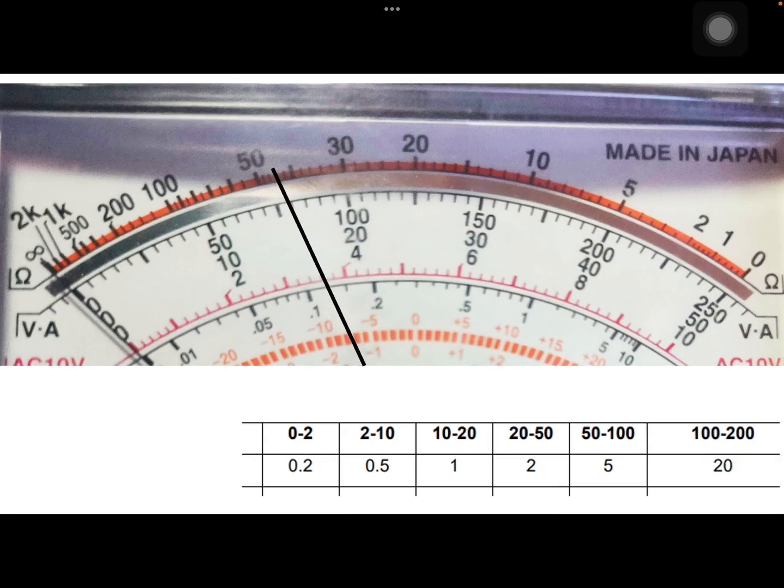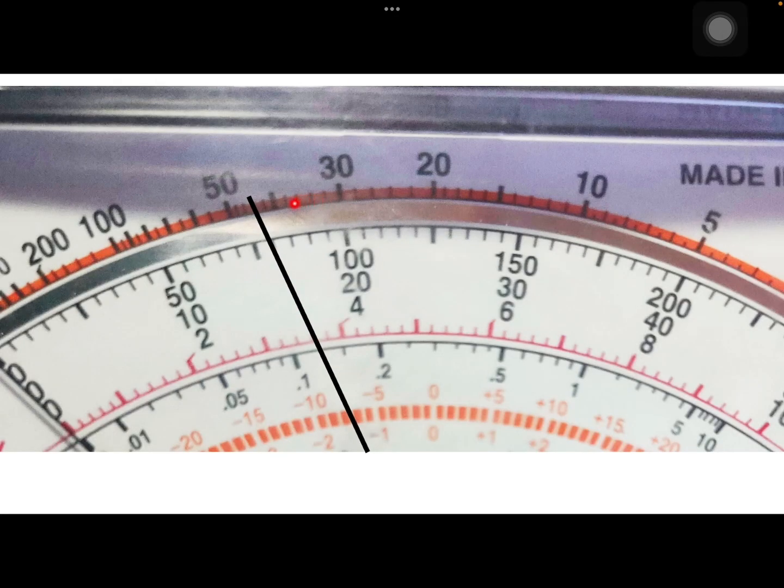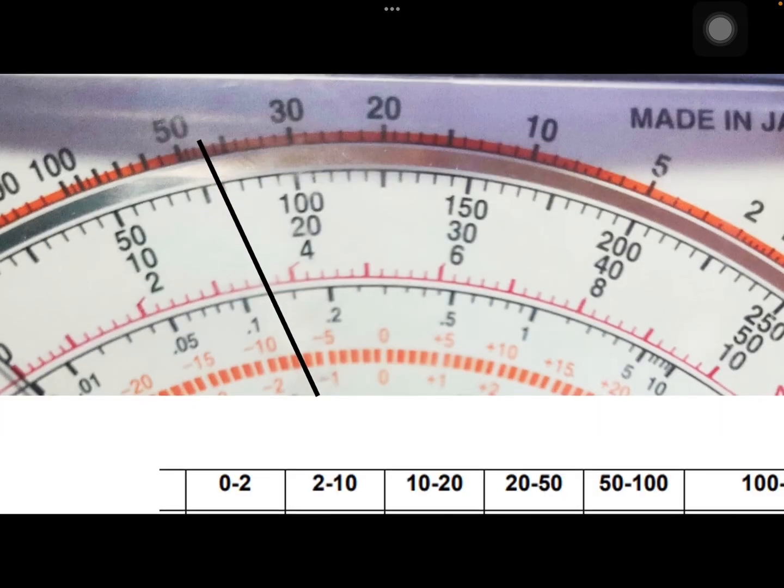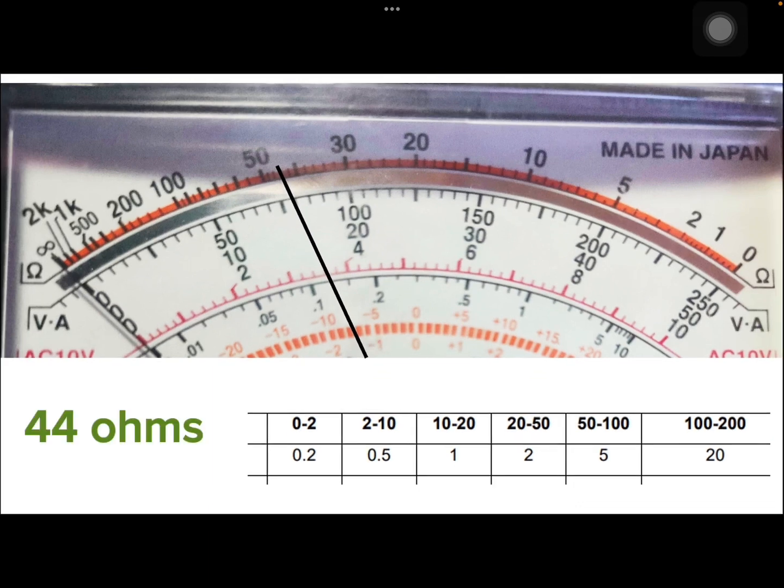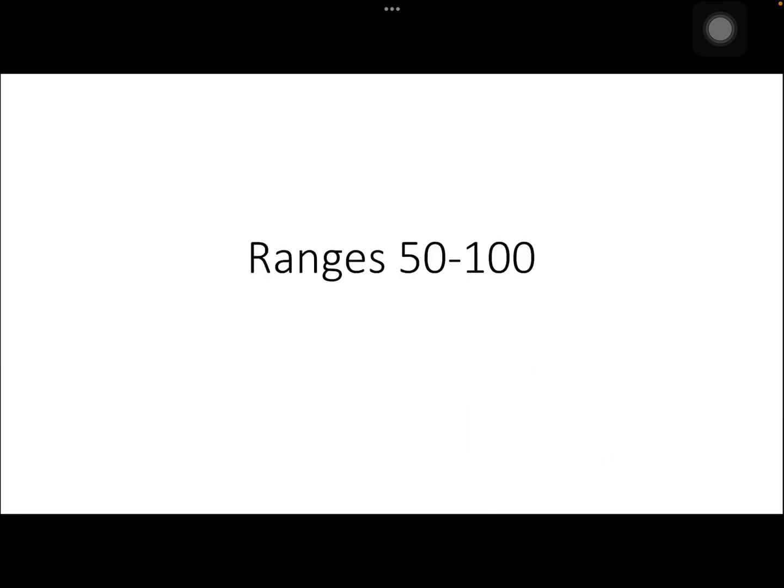What is your answer? 32, 34, 36, 38, 40, 42, and 44. If your answer is 44 ohms, then you are correct. Again, very good. So, ganun lang kadali. Paano basahin si multitester sa resistance?